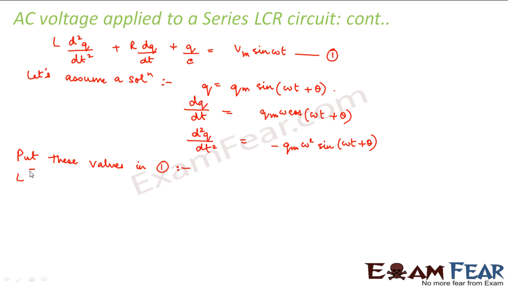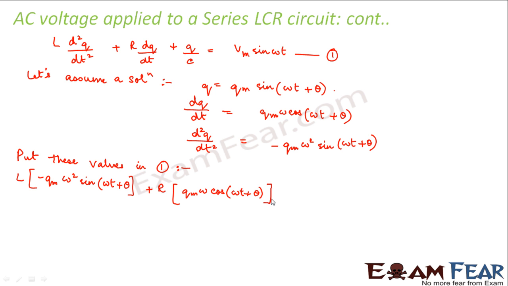We get L into minus Qm into omega square sine omega t plus theta, plus R into Qm into omega cos omega t plus theta, plus Qm into sine omega t plus theta divided by C is equal to Vm sine omega t.